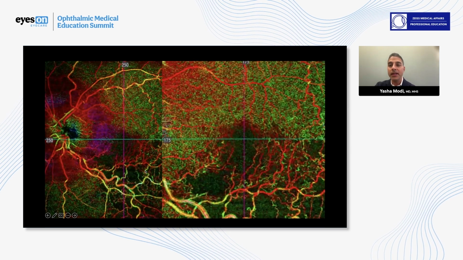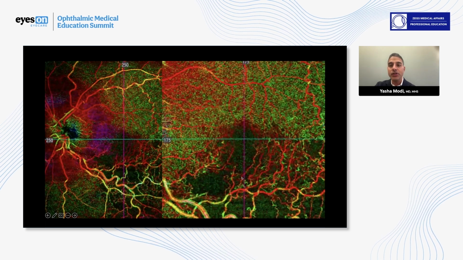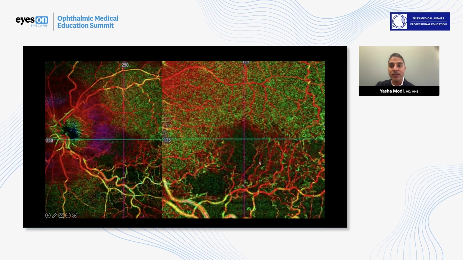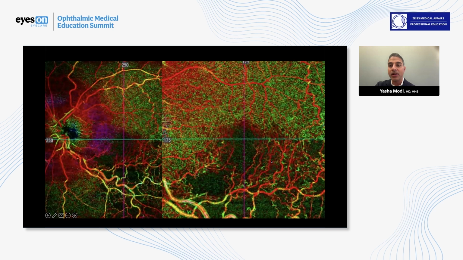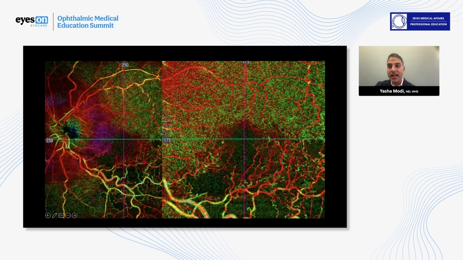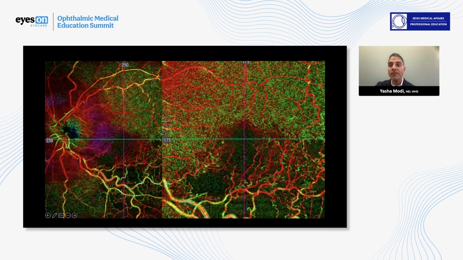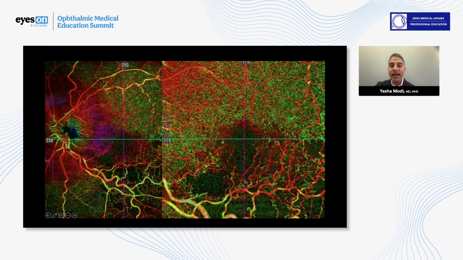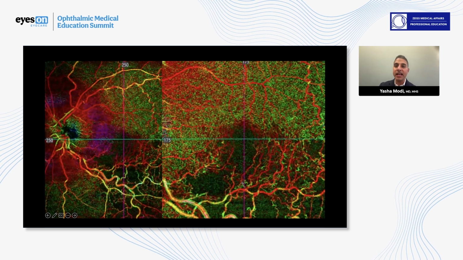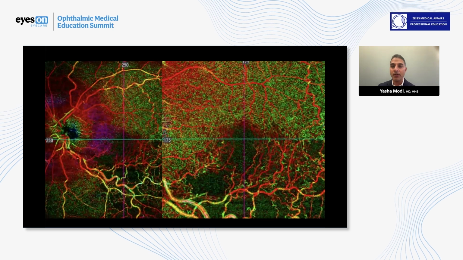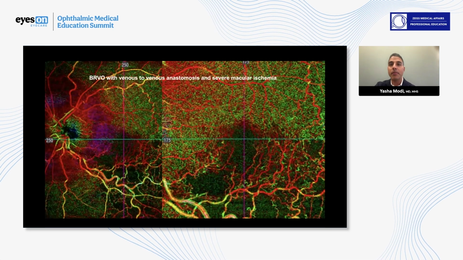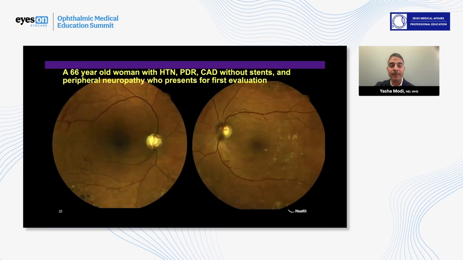If you zoom in a little bit, you see all of these large red vessels in the temporal macula. That's venous to venous anastomosis. Essentially, you have a connection from the superior unaffected retina all the way down to the inferior retina as a compensatory response to the ischemic event from the branch retinal vein occlusion.